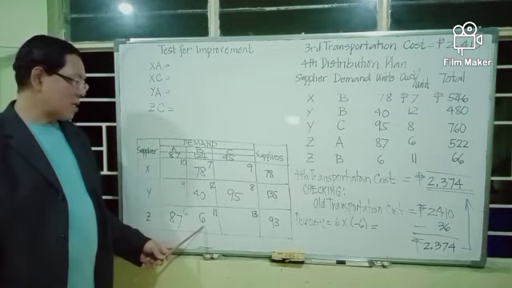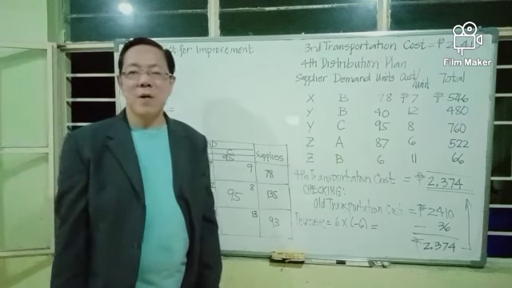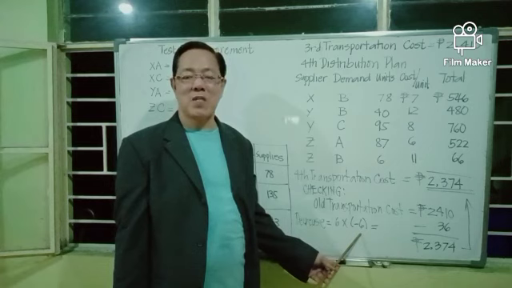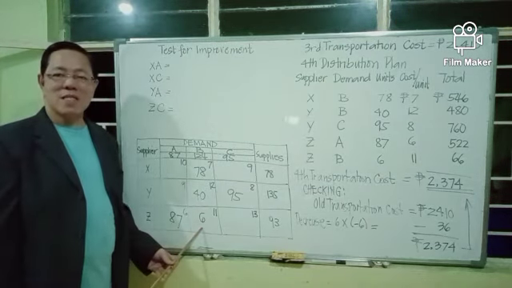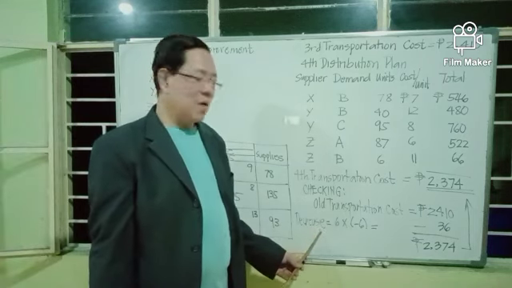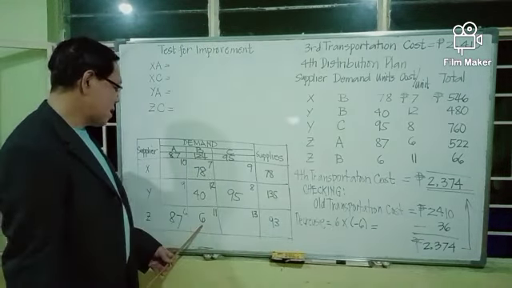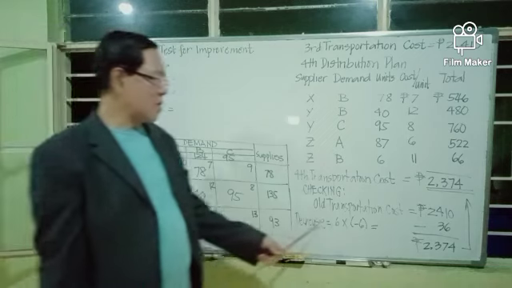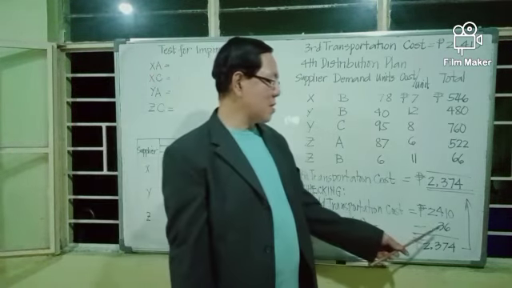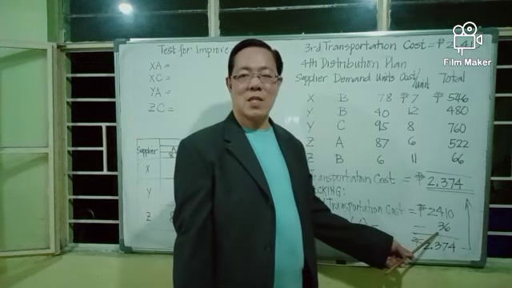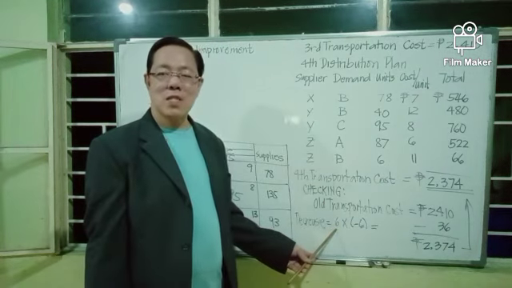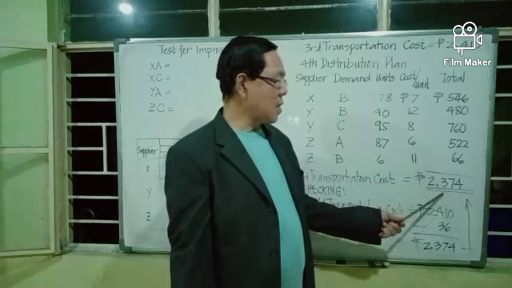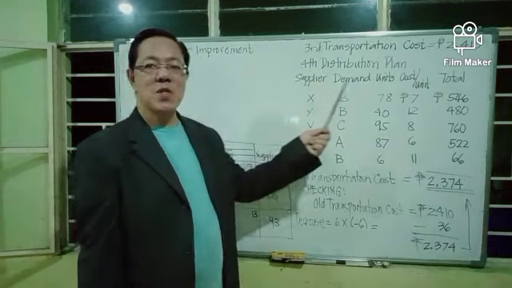We transferred 6 units to the vacant cell CB, and from the test for improvement, the net cell cost of the vacant cell CB is negative 6. 6 multiplied by negative 6 is negative 36. 2,410 minus 36 equals 2,374, which is our transportation cost for the fourth distribution plan.